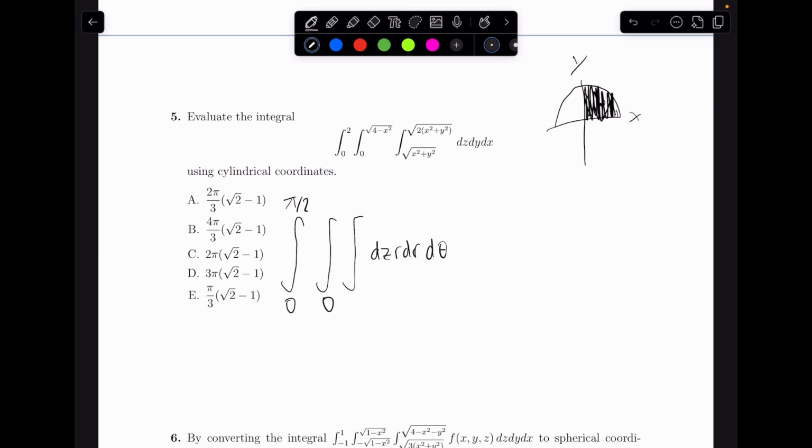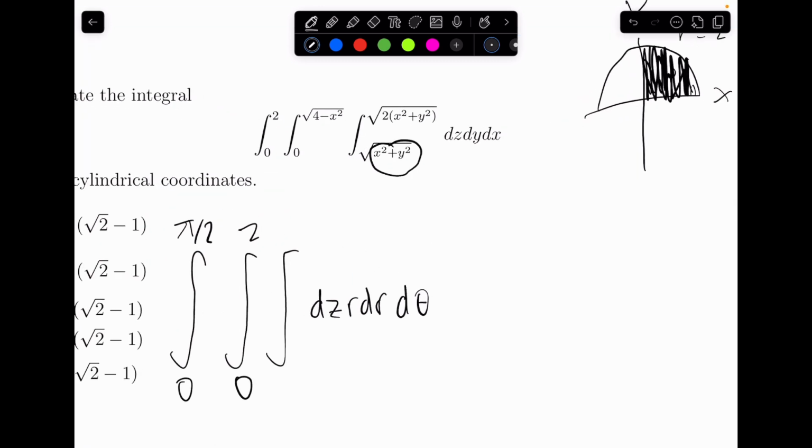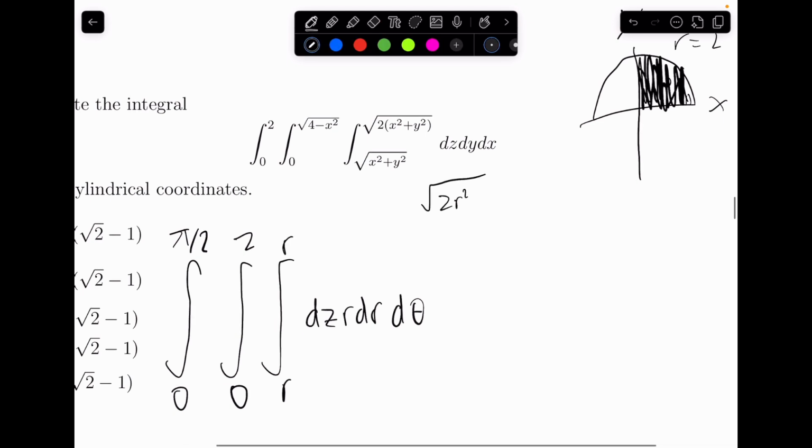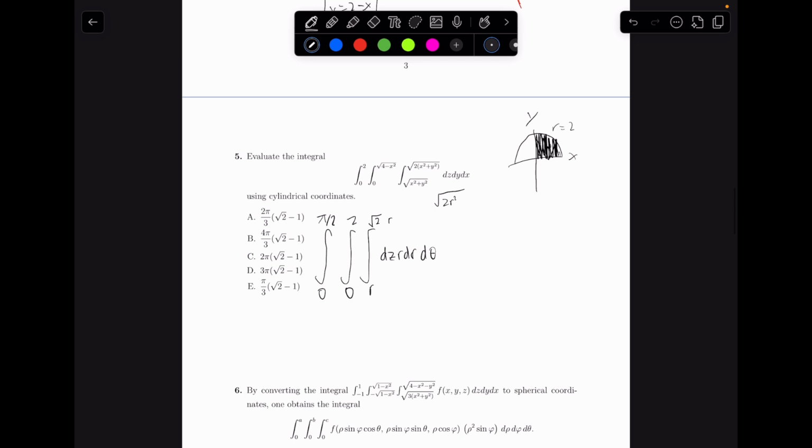Yeah, because this circle right here is of radius 2, and then our z is our only plug and chug. We're just plugging in r squared for x squared plus y squared, so we're having square root of r squared, or just r. So lower bound r, top bound square root of 2r squared, or r square root 2. I think it's better to write it as square root 2 times r, but it is your choice at the end of the day.